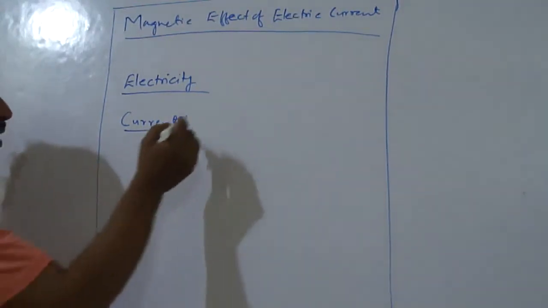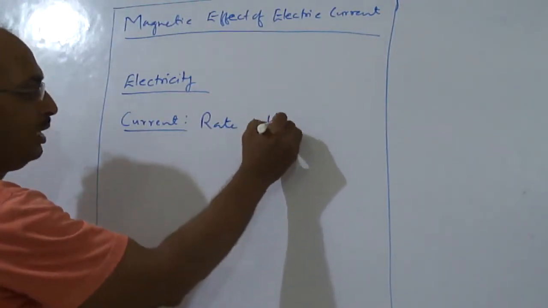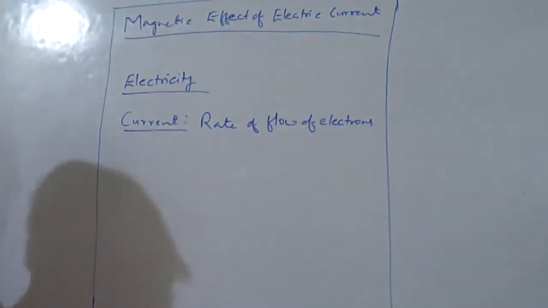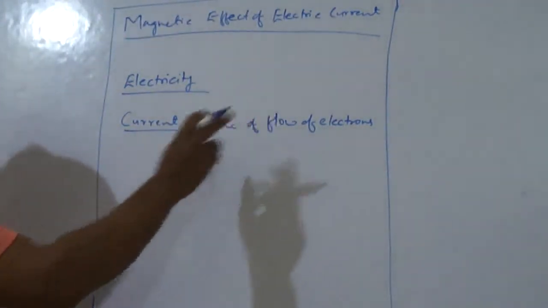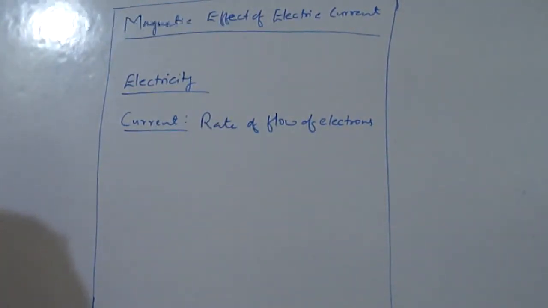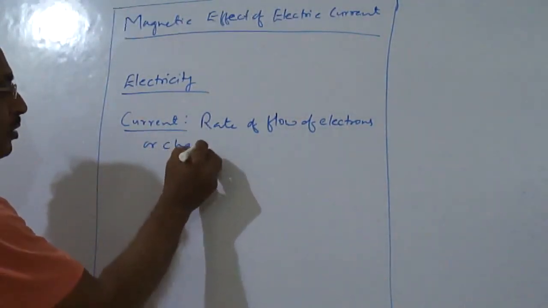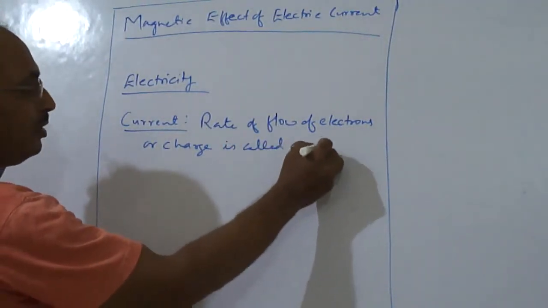So you can say current is the rate of flow of electrons, or in one word, charge. Here you see, I think it will be visible. Rate of flow of electrons or charge is called current. Correct? Yes, sir.